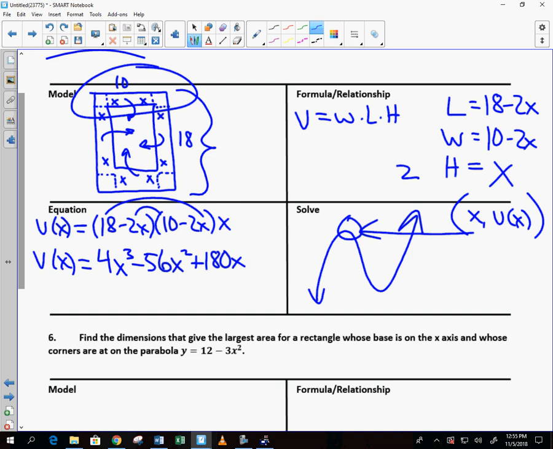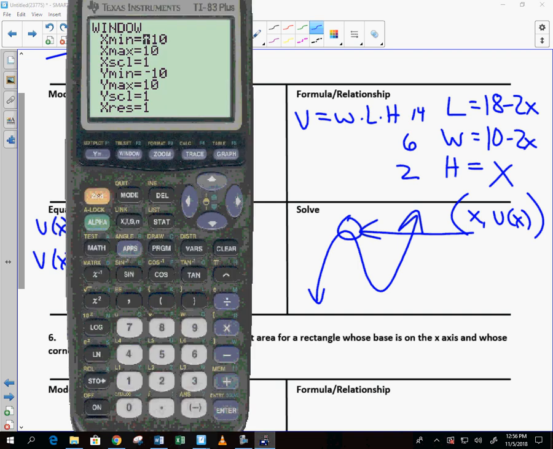What would the width be? 6. What would the length be? 14. And if you multiply these together, 2 times 6 is 12. 12 times 14. Let's see, I'm going to take out my handy-dandy calculator and go 12 times 14, and I get 168. So it looks like you're producing volumes of about 168.